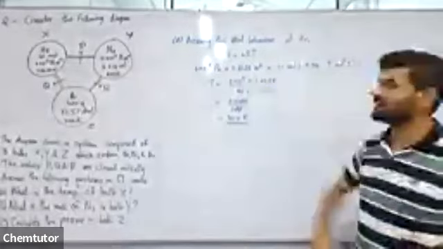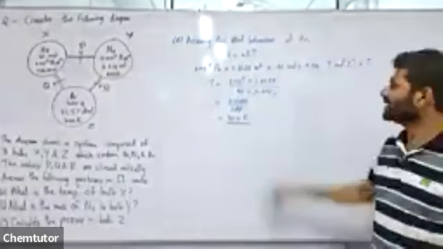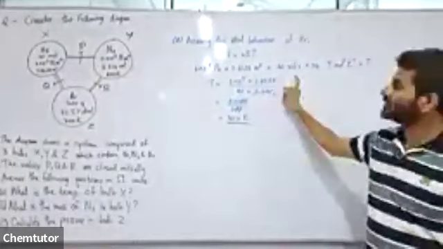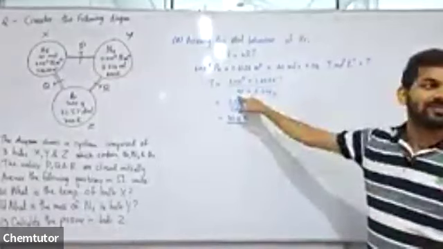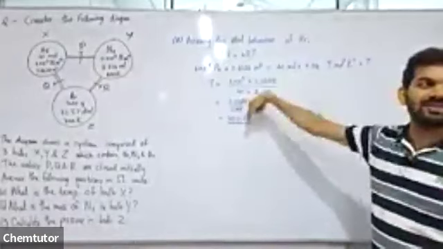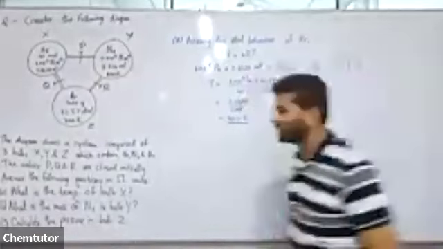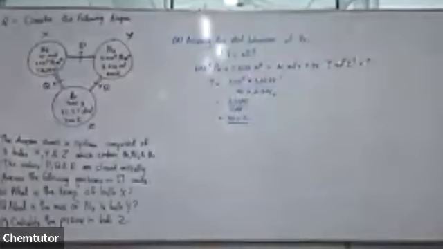Then the 10 will be cancelled off. Then 8.314 times 2, and 2 times 10 becomes 20. Then 6,000 divided by 20, again the same answer, 300. Anyhow, these simplifications are easy.